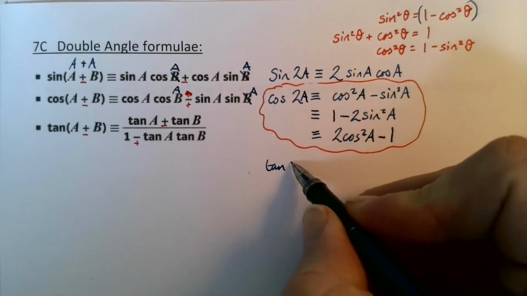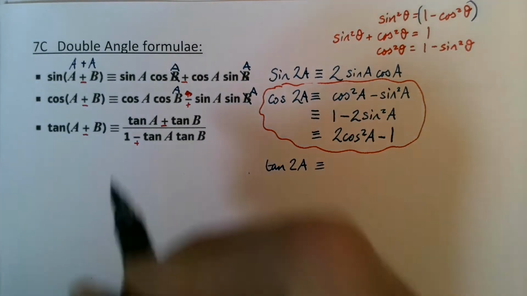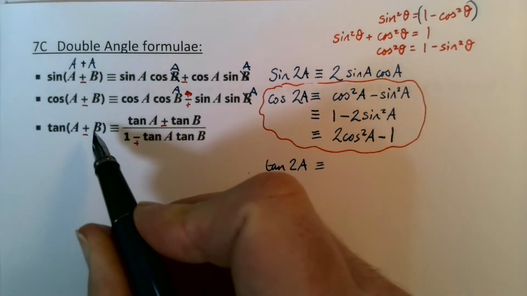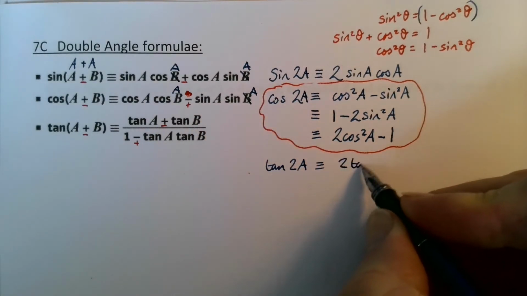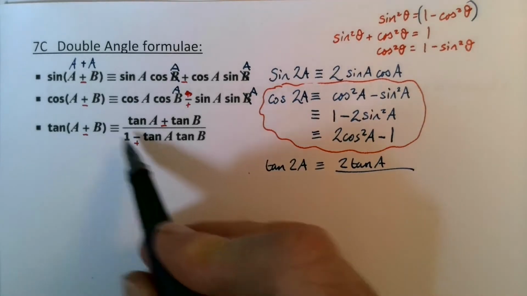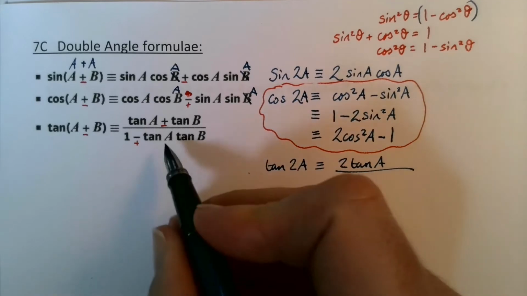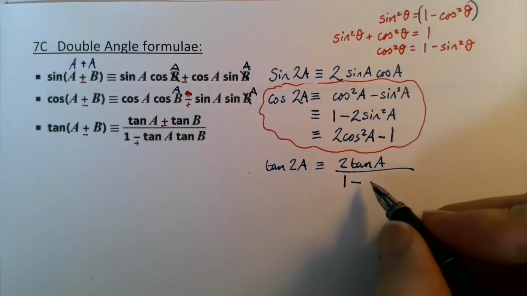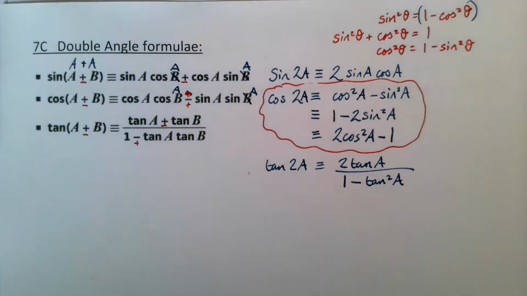So we've got tan 2A, and that's identical to, well, when we're adding, we're still adding on the top, so that's going to give us 2 tan A on the top, but it switches here, doesn't it? Plus goes to minus, so then it's 1 take tan A times tan A will be tan squared A. And there are various problems we can solve using that, which is where we're going next.